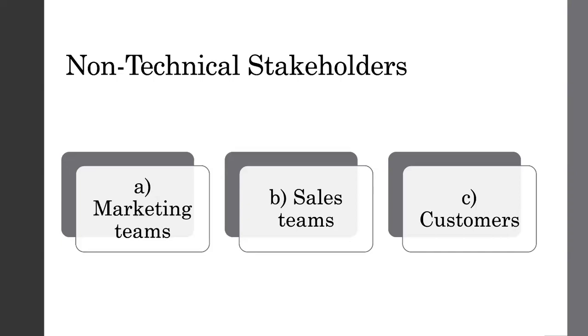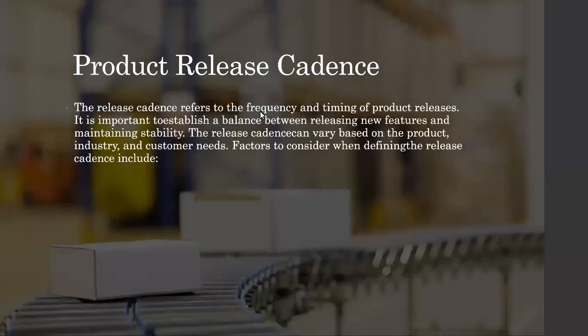Both the marketing and sales team could be merged together. Then we have those we build the product for, which are the customers. Basically, the customers are the kings because they are the main reason why we build those products. They are the ones that will use the product. So we refer to them as the kings in this context. Thank you.